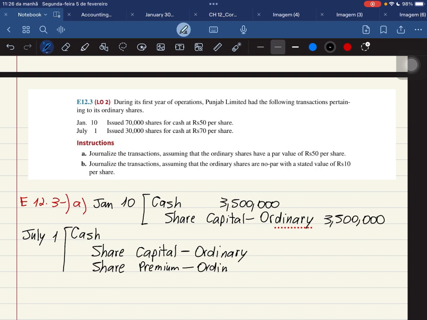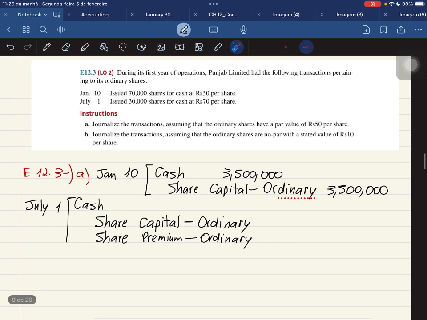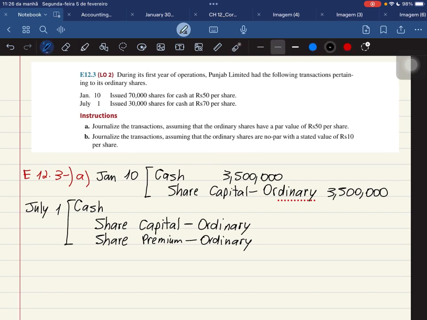And why is that? Well, because the shares were issued at a premium, right? Do you see that this number is bigger than this number? So the issuance price is bigger. In this case, that's why we would have share premium ordinary. So the cash is just going to be 30,000 times 70. That gives us 2,100,000.